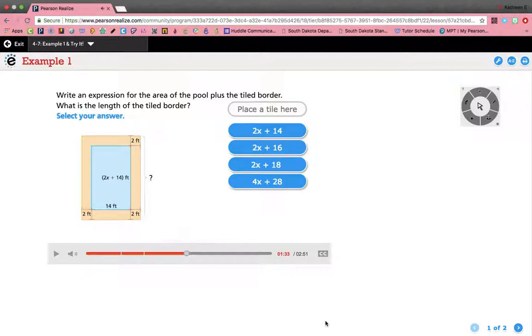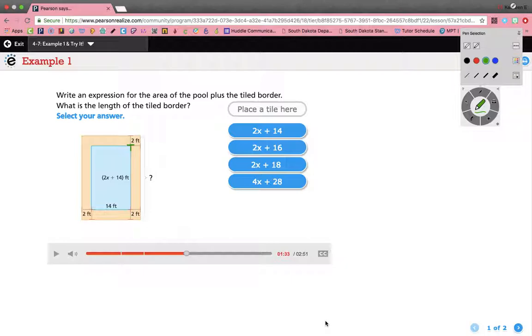Select your answer. All right, so we're looking at the length of the tiled border. We know that from here to here is 2x plus 14, so it's not this, because that's just the length of the pool.